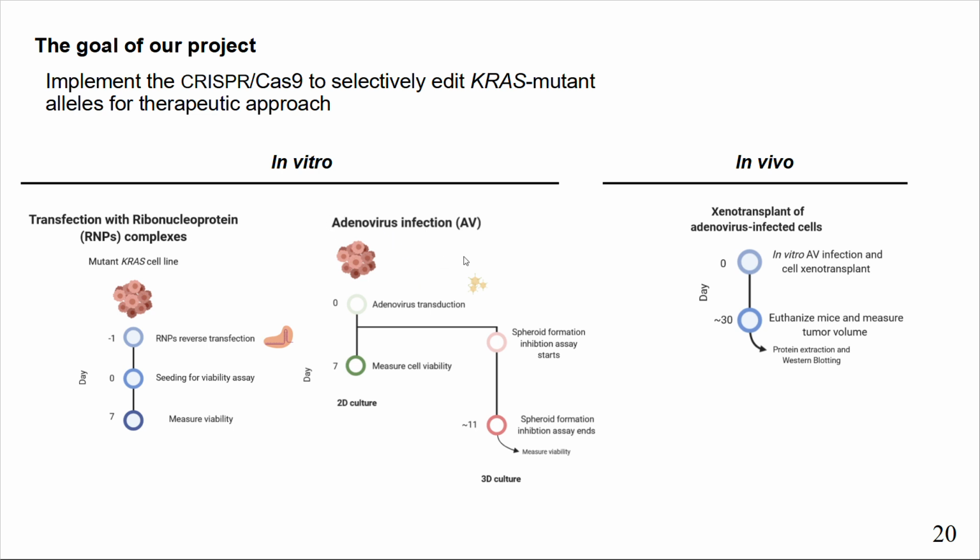Also, as we wanted to reach better editing efficiencies, we take advantage of adenovirus infections in order to check cell viability in 2D culture and also in 3D culture. This is important, as the 3D culture format resembles the tumor environment more than the 2D culture. We also check the inhibition of spheroid formation, which are, let's say, small tumors.